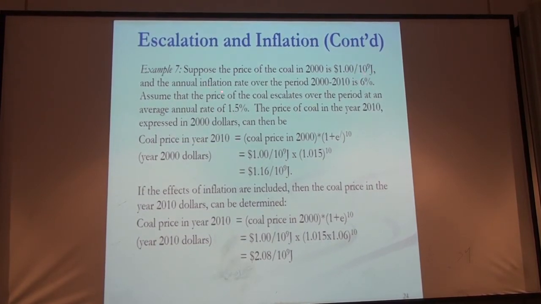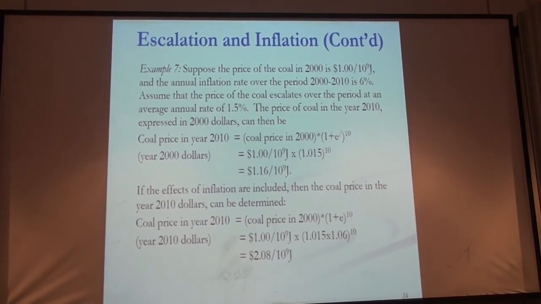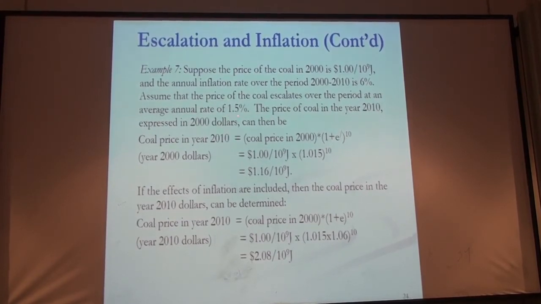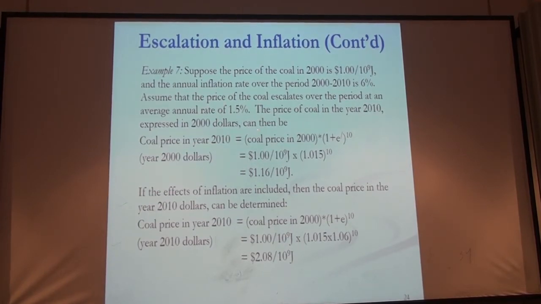The annual inflation rate over the period from 2000 to 2010 is 6%. Assume that the price of coal escalates over the period at an average annual rate of 1.5%. The price of coal in the year 2010 expressed in $2000 can then be computed.